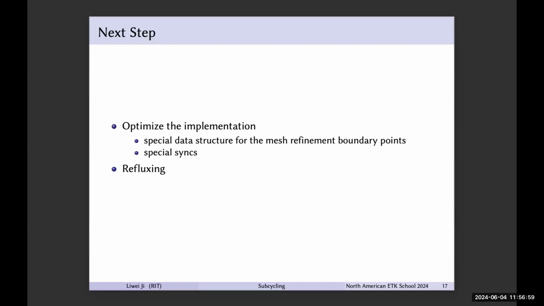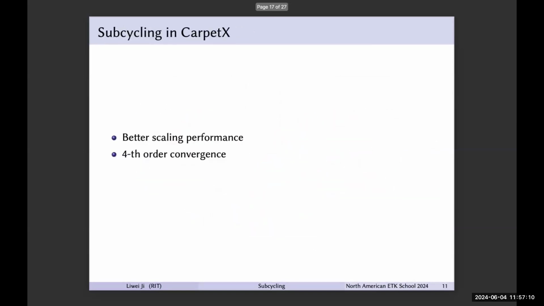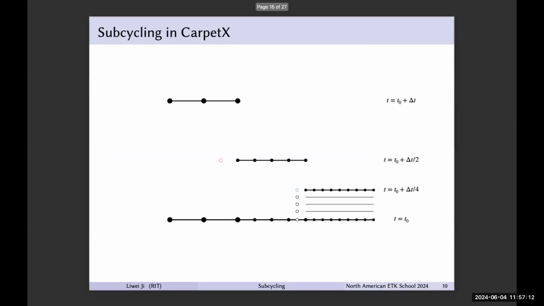You talked a bit about the memory challenges for having subcycling. Yes, right. In order to interpolate those points, we need to store all the K's of the coarse cycle.